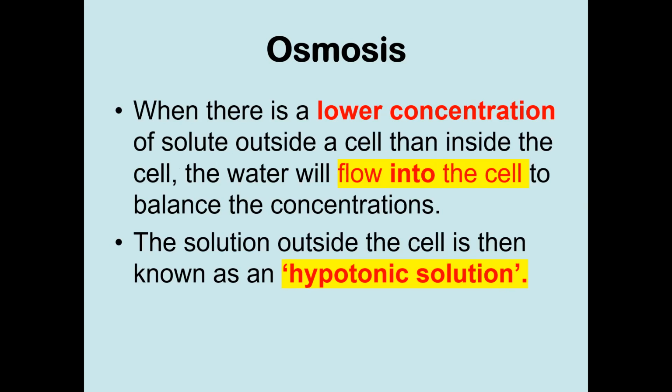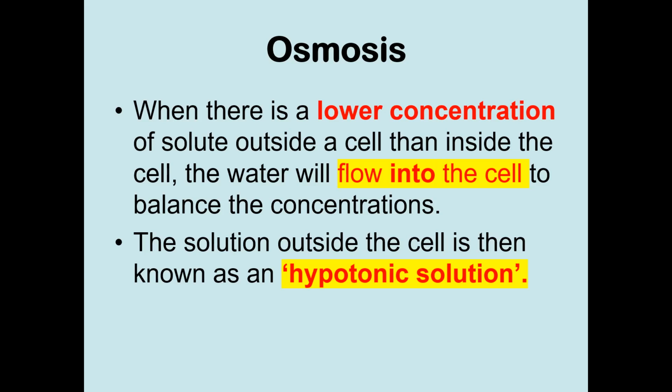Now, if one side is lower than the other side, I've got diagrams, but I thought I'd mention this first. So if one side is lower than the other in the concentration of the solute, like the sugar, then the water will flow in towards the higher concentration.